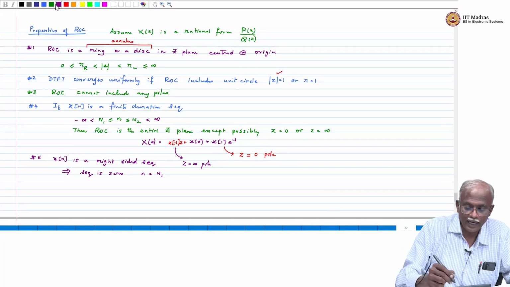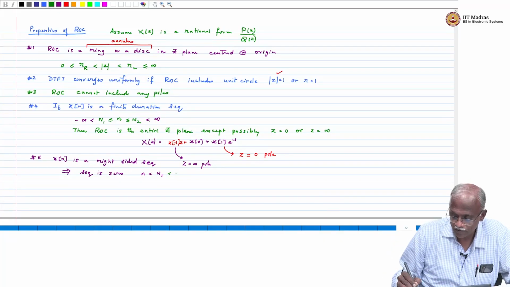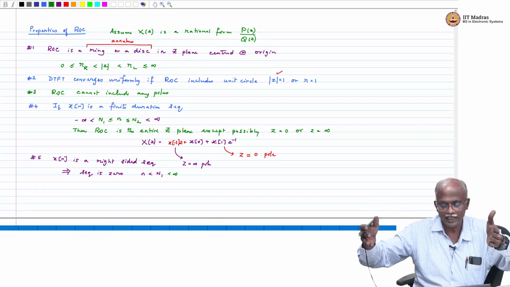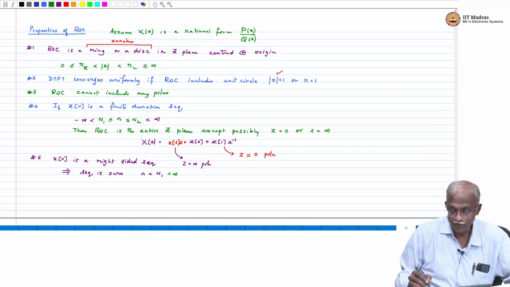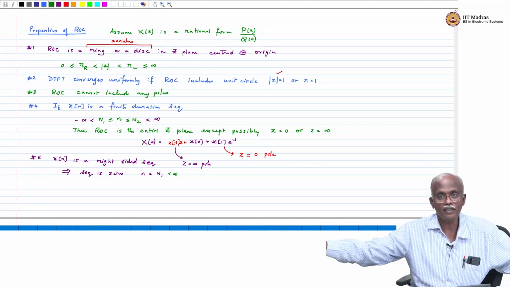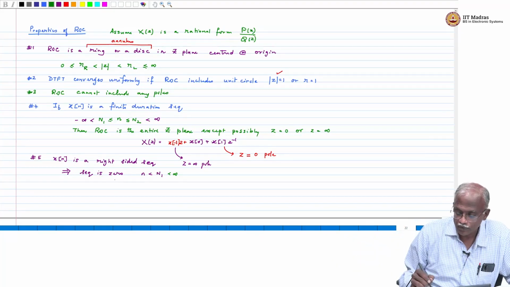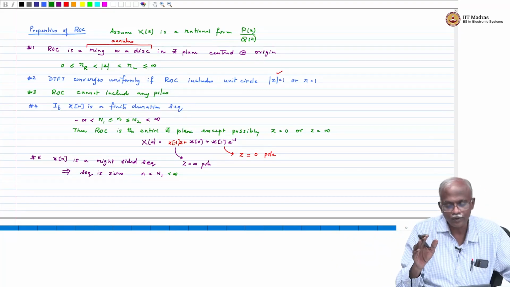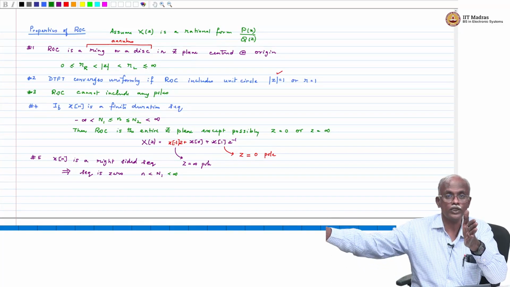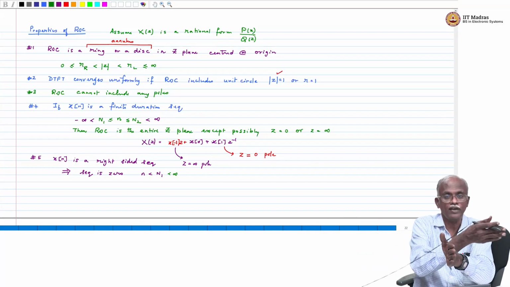Now this n1 has to be less than infinity, so that you actually get a sequence, because if the sequence is 0 all the way up to infinity, then it's a 0 sequence. So a right-sided sequence starts at some integer and is non-zero to the right and 0 to the left.